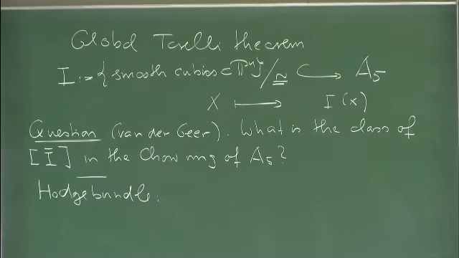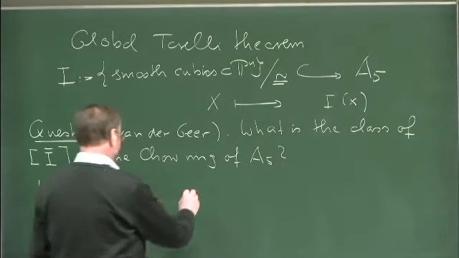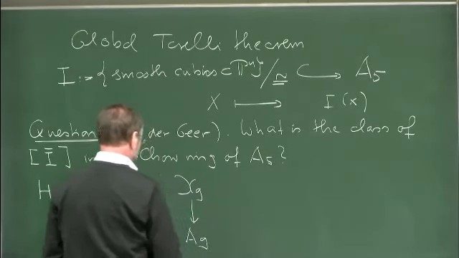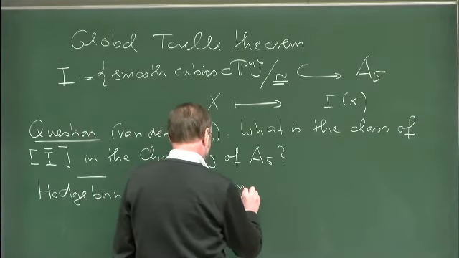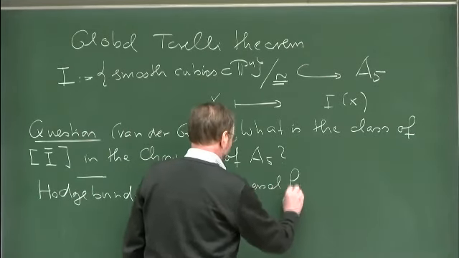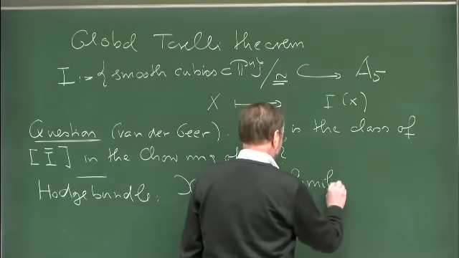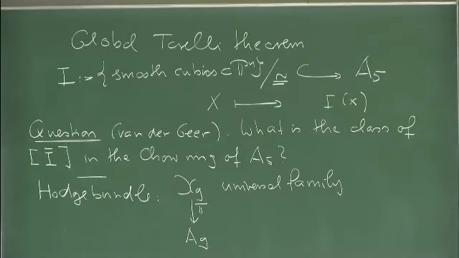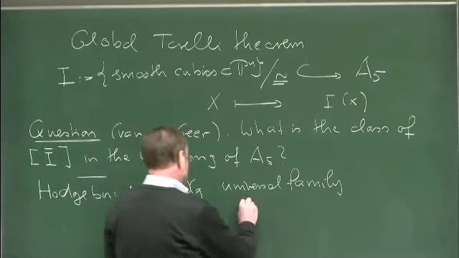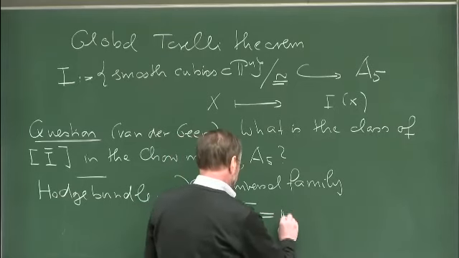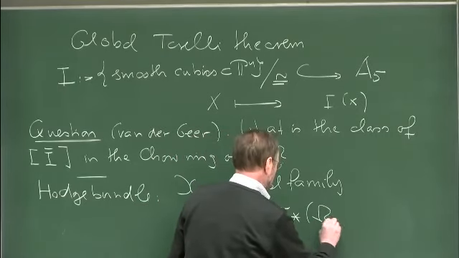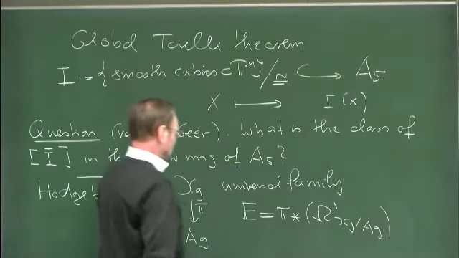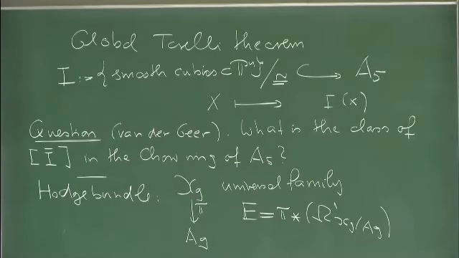There are several ways of saying that. We can look at, say in a stack sense, the universal family pi. Then we can look at the bundle E, which is defined as pi lower star of omega 1 of X over Ag. That's a rank g vector bundle.